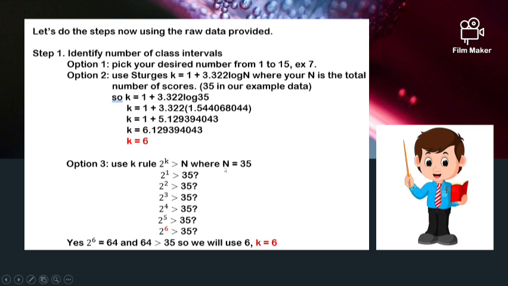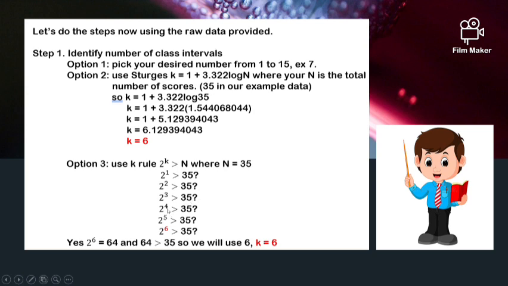For example, if you substitute 1 for k, is 2 raised to 1 greater than 35? Of course not. Next, is 2 raised to 2 greater than 35? Of course not, because 2 raised to 2 is 4. Next, 2 raised to 3 is 8. Is that greater than 35? No.